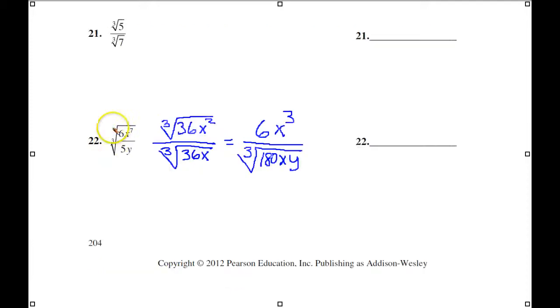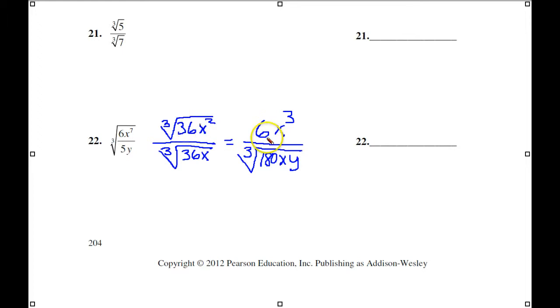Okay. And the last one, it wants us to note again the index number of 3. So to get 6 to be a perfect cube, we have to multiply it by 36, 6 times 6. And then to make x to the 7th a perfect cube, multiply by x to the 2nd, that'll give you x to the 9th.